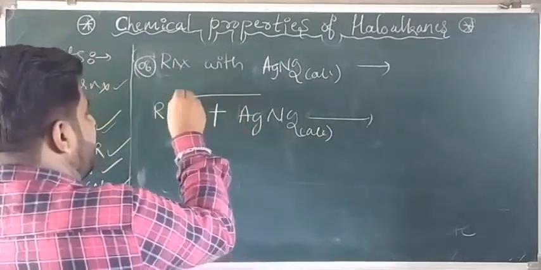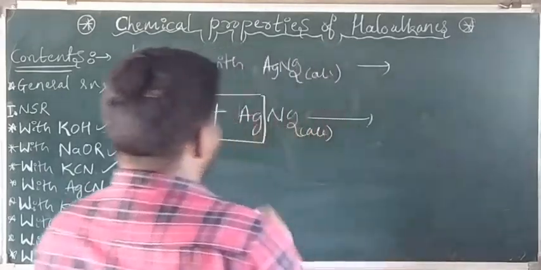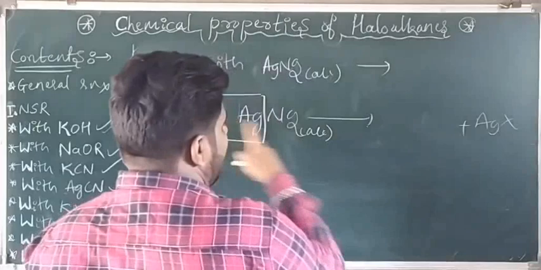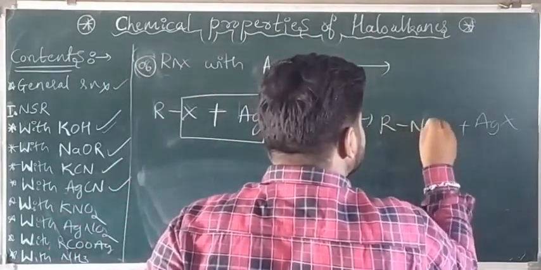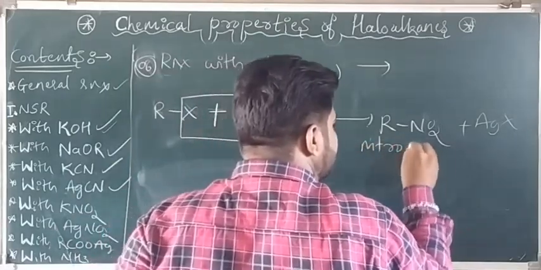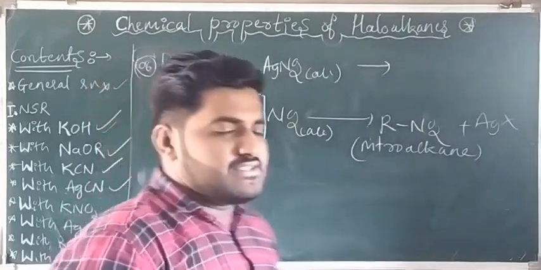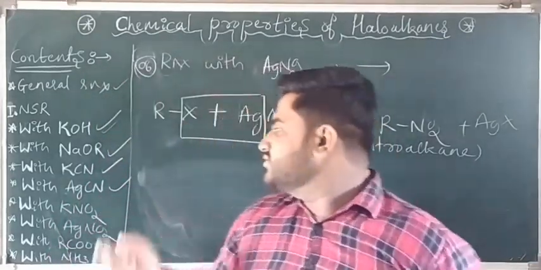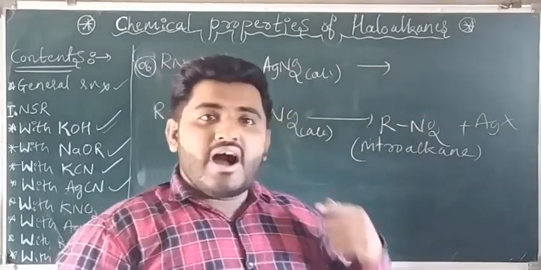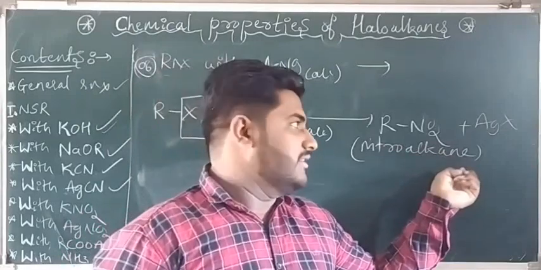So when you add, AgX is eliminated as a byproduct, silver halide, and we remain with RNO2. RNO2 means nitroalkane. Nitroalkane is formed. So in the previous case, when we add haloalkane to potassium nitrite, we are getting alkyl isonitrite. But here nitroalkane is formed.